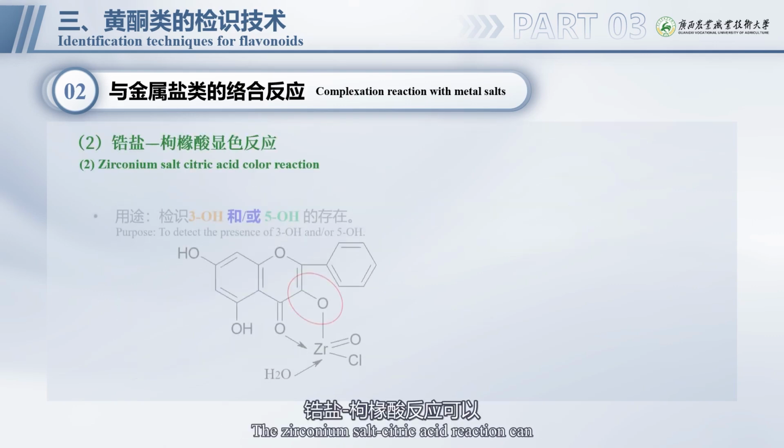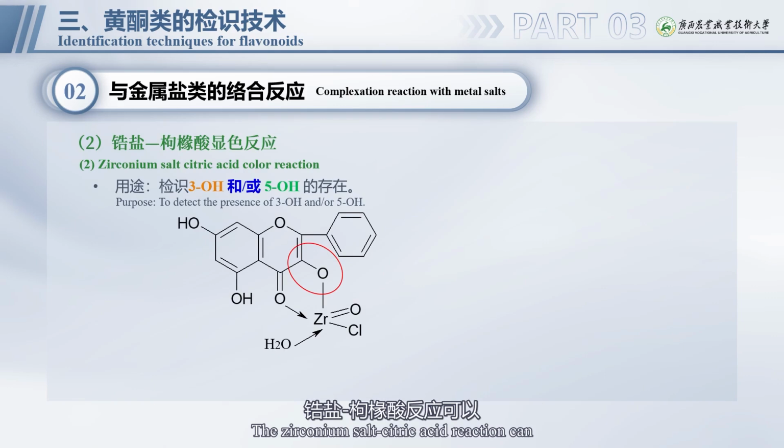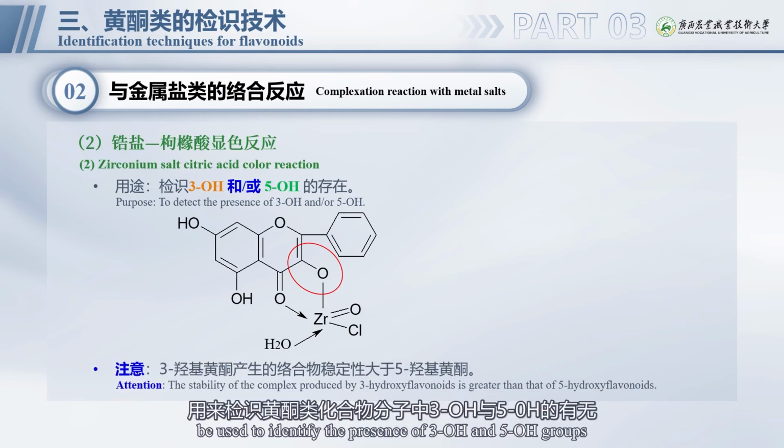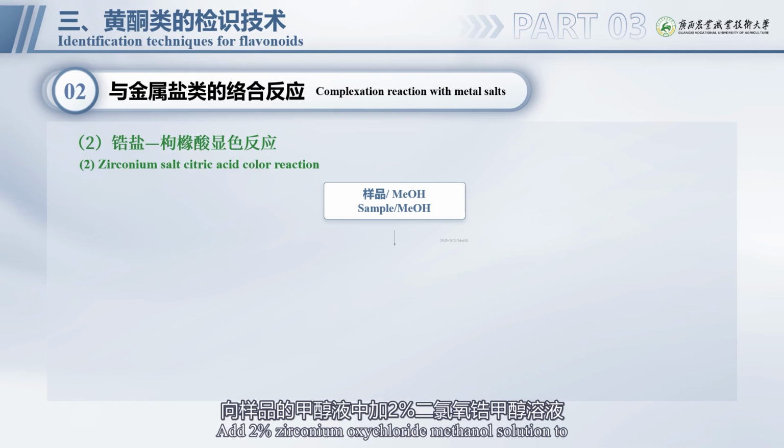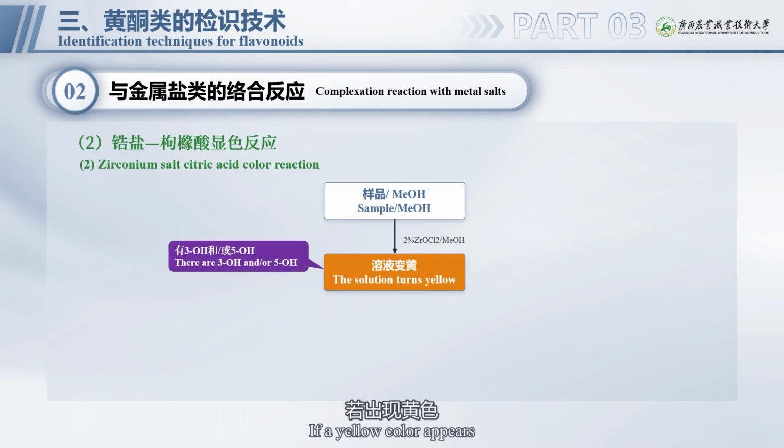The zirconium salt citric acid reaction can be used to identify the presence of 3-OH and 5-OH groups in the molecular structure of flavonoid compounds. Add 2% zirconium oxychloride methanol solution to the sample. If a yellow color appears, it indicates the presence of 3-OH or 5-OH.